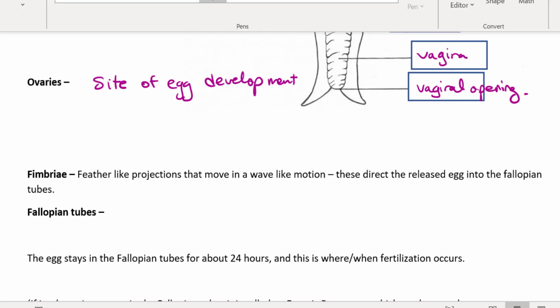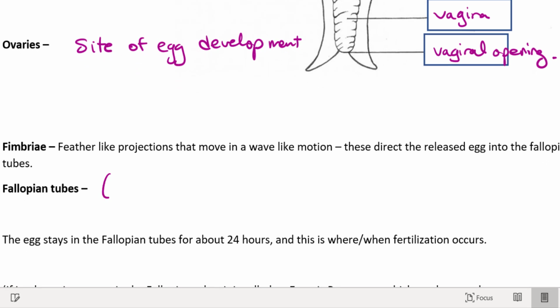These are feather-like projections that move in a wave-like motion, and these direct the released eggs into the fallopian tube. So when a woman ovulates, the egg is released from the ovaries, and the fimbriae pulls it in. You can imagine you've got your fingers in front of you, and you're waving it in. All right. So it leads the egg to the fallopian tubes, and this is also called the oviduct.